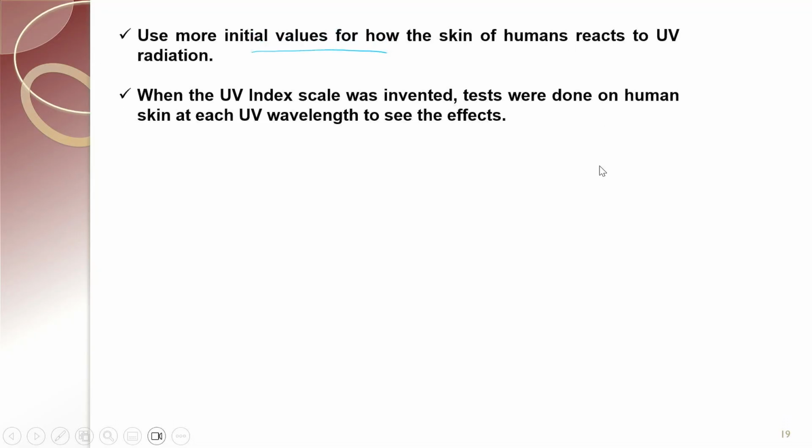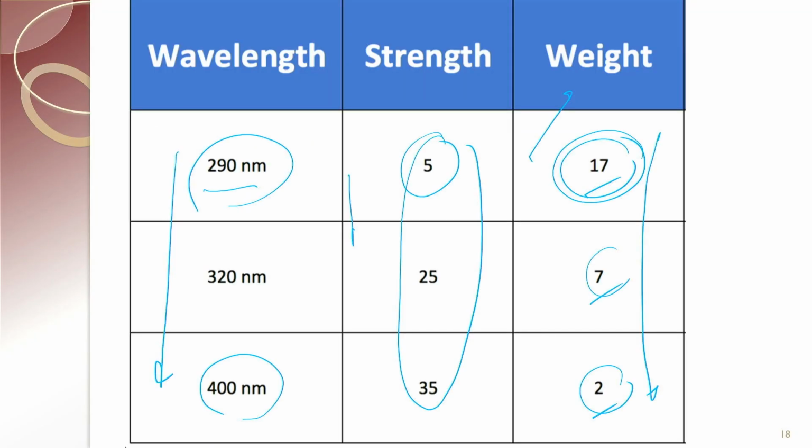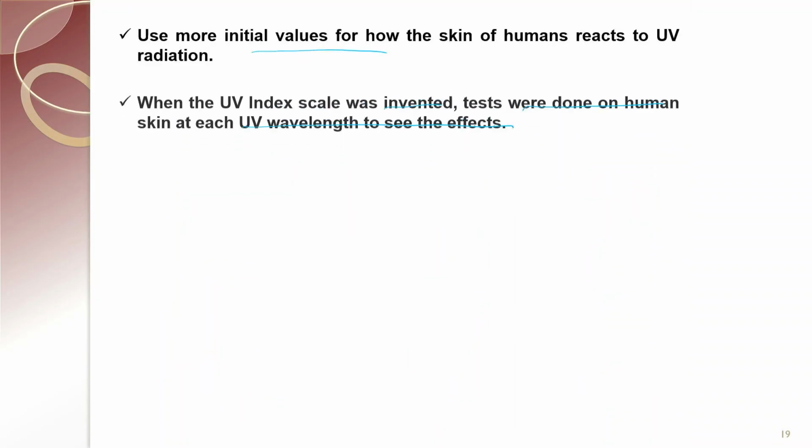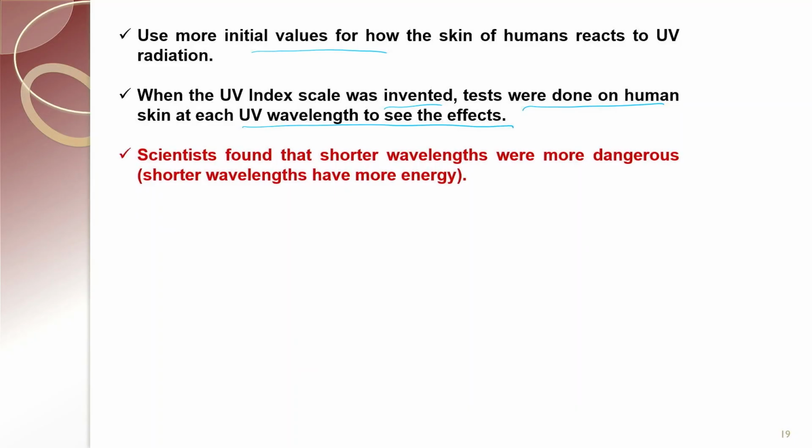When the UV index scale was invented, tests were done on human skin at each UV wavelength to see the effects. So, at each wavelength the effect on the human skin was studied, and based on that the weightage was generated.